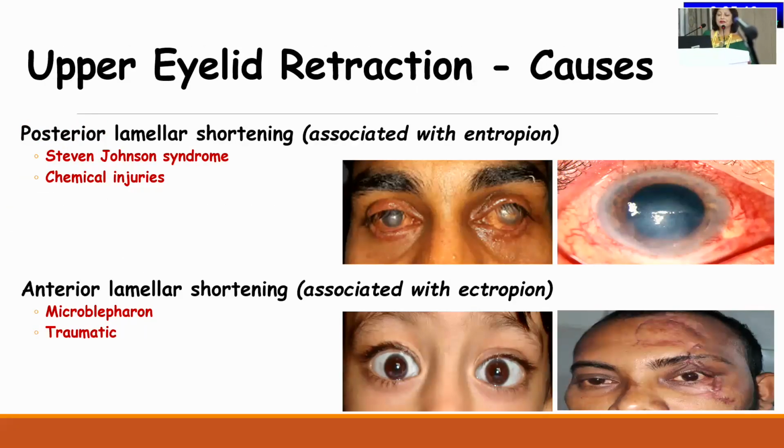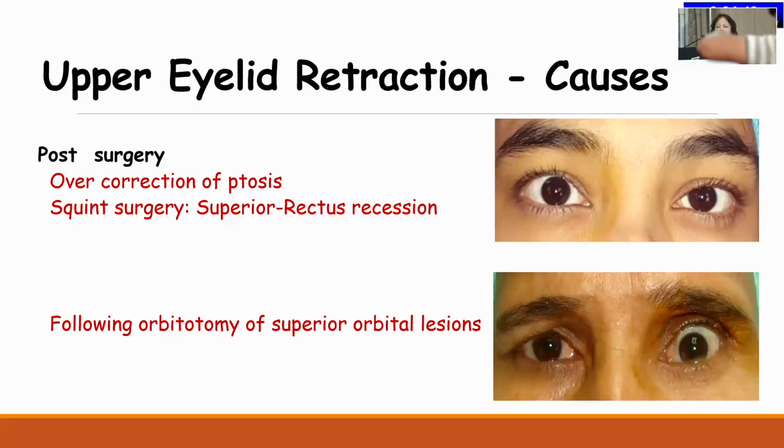Then lid retraction can be due to posterior lamellar shortening, due to chemical injuries or Stevens-Johnson syndrome, where it pulls the lid up with an entropion, which may lead to lid retraction. Then anterior lamellar shortening, similarly in cases of microblepharon or trauma, can also cause lid retraction. Post surgery is very common, as we discussed, it's a complication of ptosis, under and over correction both.